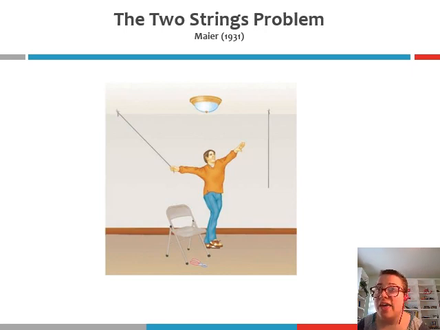The second thing to notice is that when Meyer, 1931, took another group of participants and asked them to solve the problem, instead of just leaving them to their own devices, this researcher tapped one of the strings so that it started swinging back and forth.